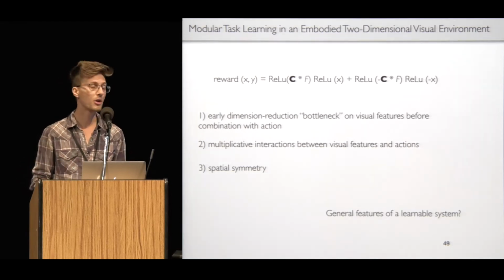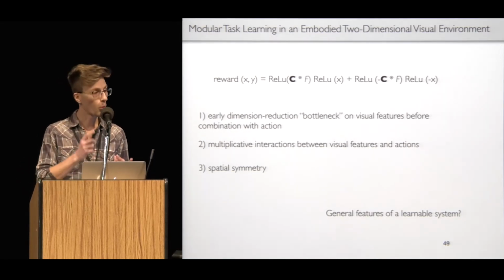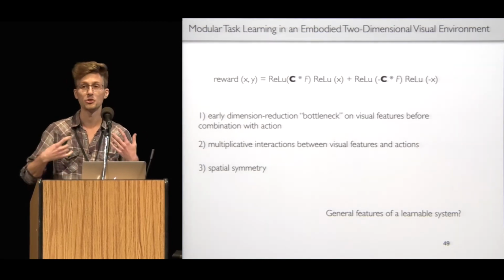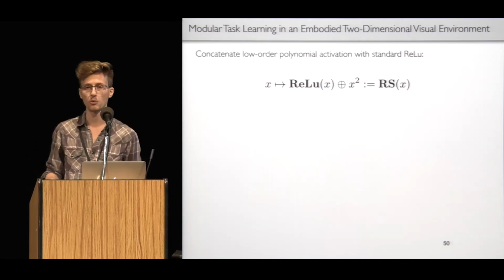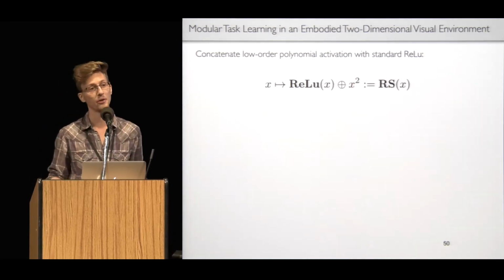So building on these ideas, we constructed modules which use none, some, or all of these concepts to see whether they would scale to tasks in a generically learnable fashion. So first up, we'll describe what we're calling an RS activation, which concatenates on the squaring operator to the standard ReLU nonlinearity.